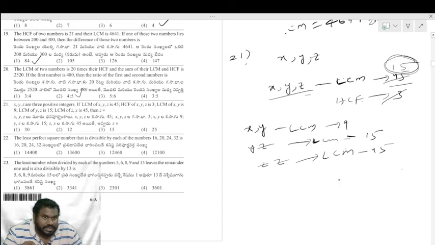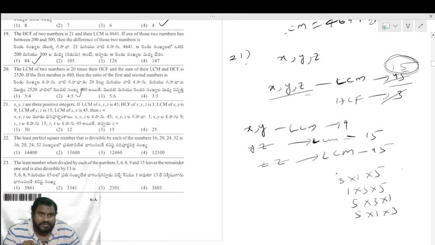You can divide it into 3 into 1 into 5, or 1 into 3 into 5, or 5 into 3 into 1, or 5 into 1 into 3. You can divide it any way, but later you should conclude which is suitable for x, which for y, and which for z.